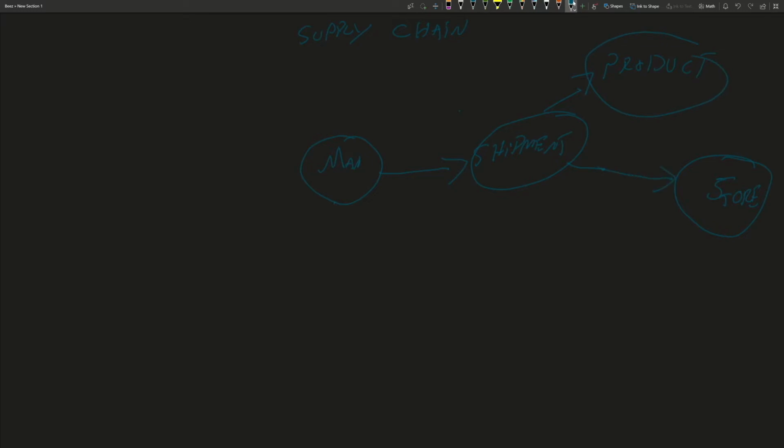Great. But before they can do that, they have to create that product, right? So they have to probably acquire component parts or materials. They require materials and component parts. Those are produced by other manufacturers.